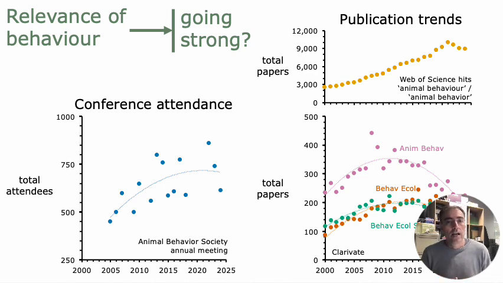I've got some conference attendance here at the American Animal Behaviour Society annual meeting. You'll see that it has been progressively increasing, but it's plateaued in the last decade or so.